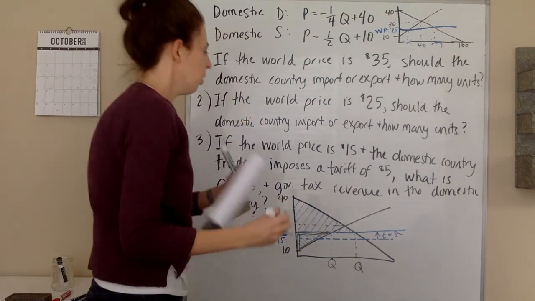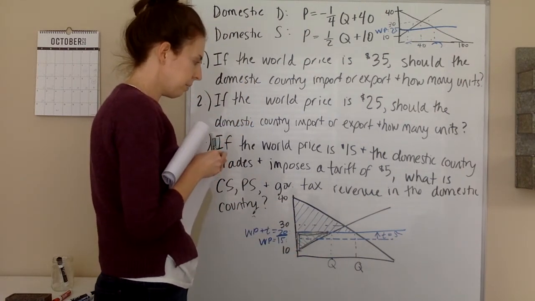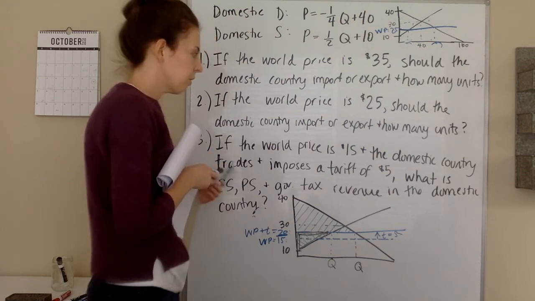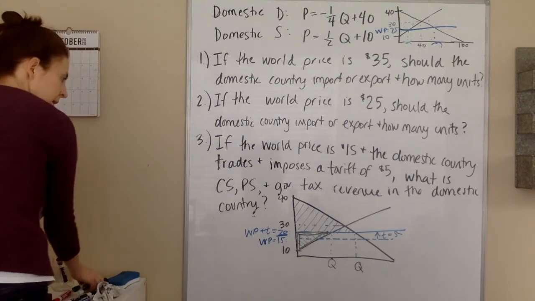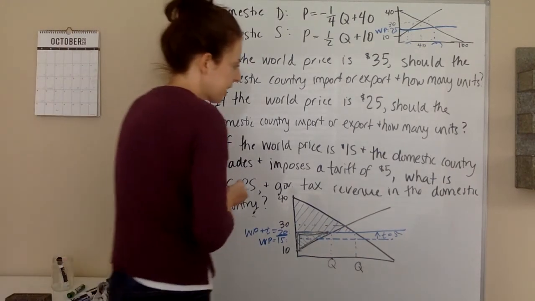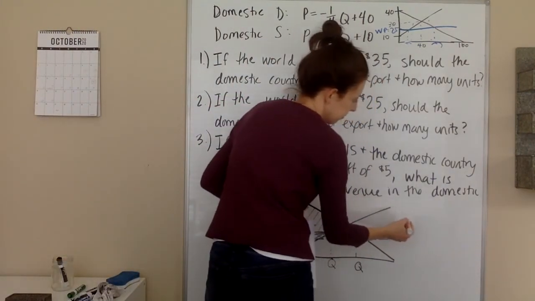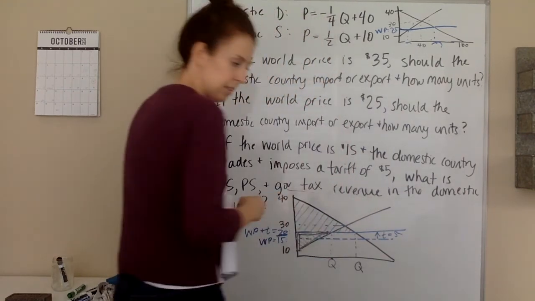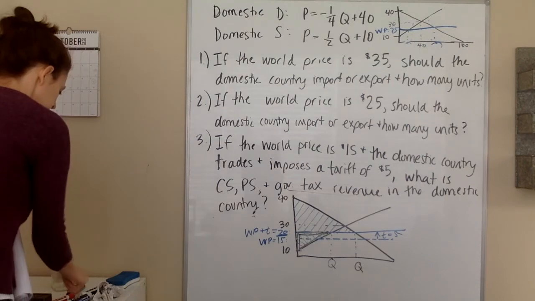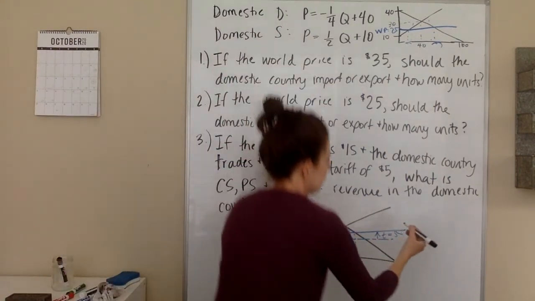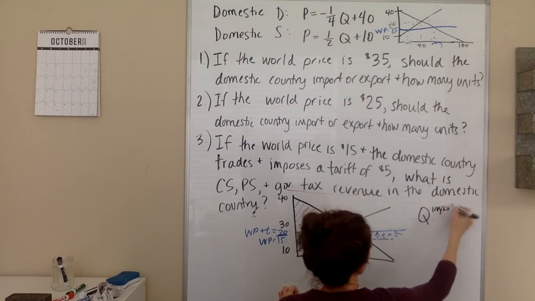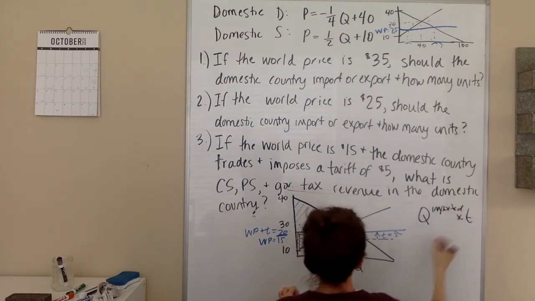Okay, the last little bit here is you're supposed to calculate the government tax revenue. Recall that the government tax revenue is equal to the quantity that's imported times the tariff.